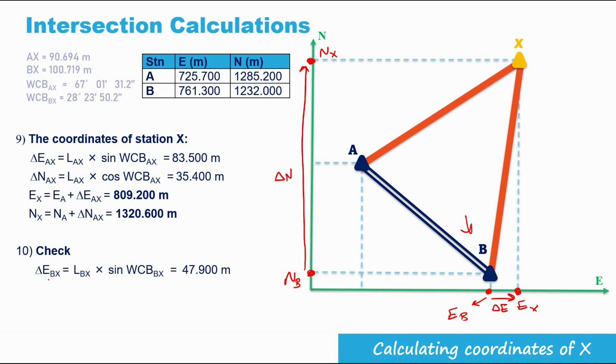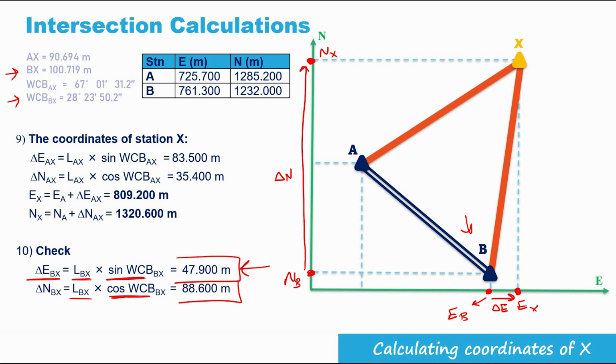The same relations we are going to use here. Delta E between B and X, the length of BX times sine whole circle bearing of BX. We know the length of BX, we know the whole circle bearing of BX, just use the numbers, and this is the value. This is delta E between B and X, 47.9. Delta N between B and X is the length of BX times cosine the whole circle bearing of BX, and it is 88.6 meters.